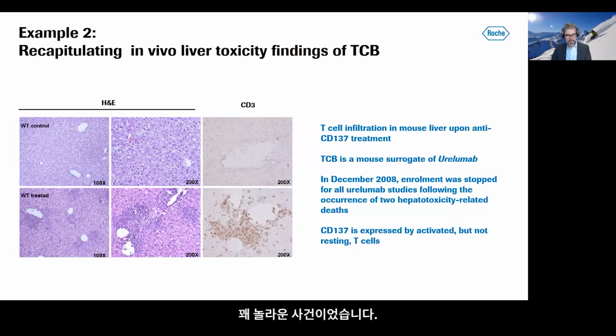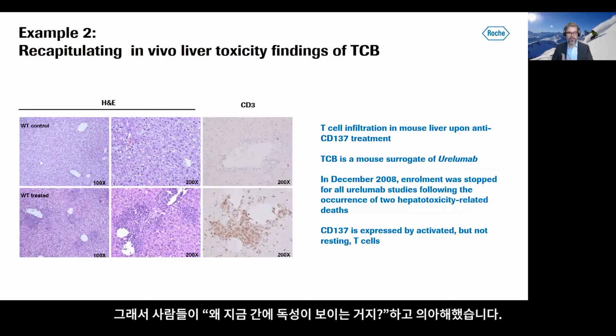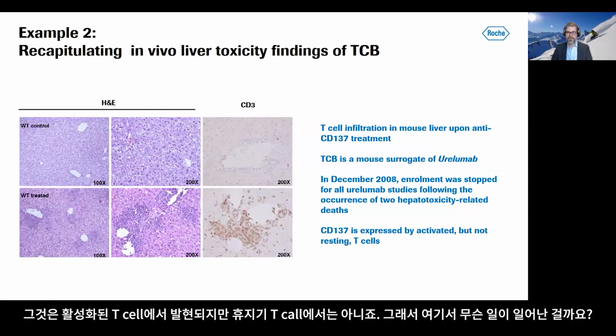And that came again quite as a surprise, because the target CD137 was known not to be expressed in liver. So people were wondering why do we see now toxicity in the liver? It's expressed on activated but not on resting T cells.